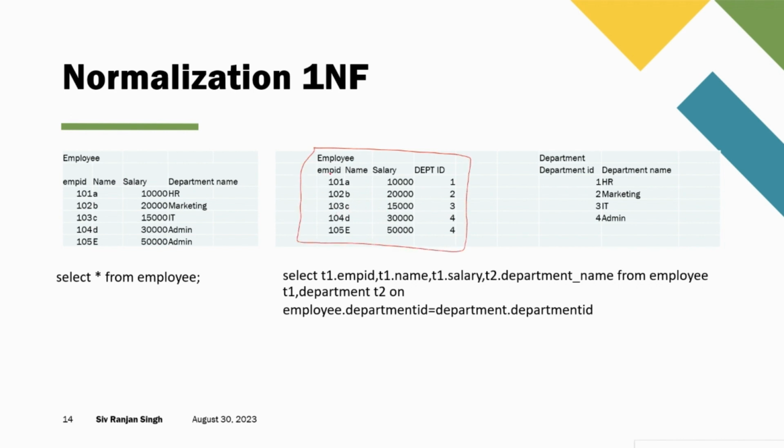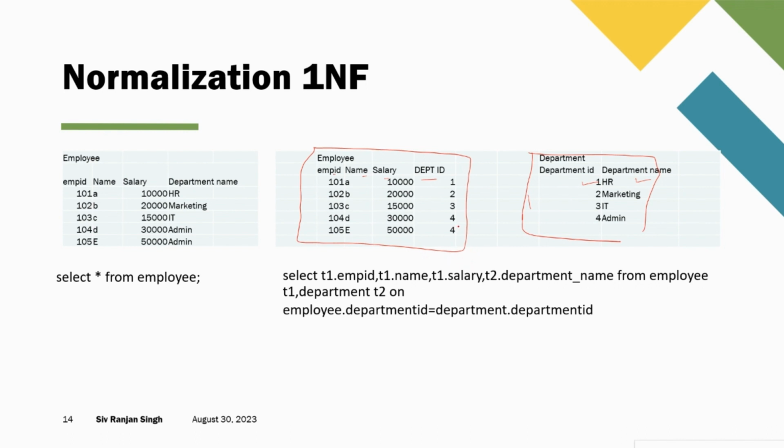In one table, employee ID, name, salary, and department ID. And another table known as department, with department ID and department name. By this way we have removed the character repetition.